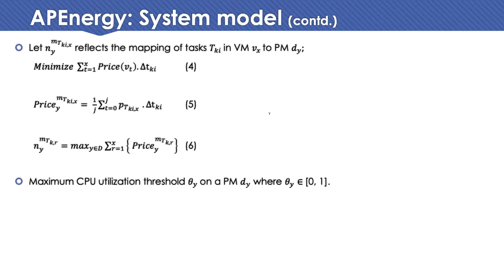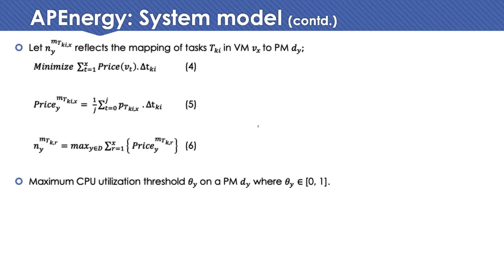So we give the average of executing a VM with the mapping M on the server dy as price, M, and Y. This is given in equation 5, where the variable P is the power consumption level at a certain time interval, and the price is always between 0 and 1.